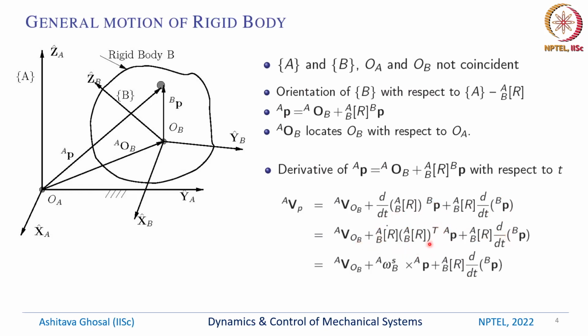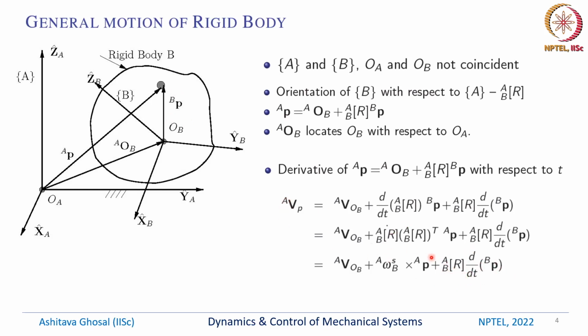So what you can see is this quantity, which is R dot R transpose, is nothing but the space fixed angular velocity of this rigid body, B with respect to A. So simplifying, we can show that the velocity vector of this point is nothing but the velocity of this origin plus something like omega cross R, which you have seen in many undergraduate mechanics courses, plus this derivative of BP pre-multiplied by the rotation matrix.